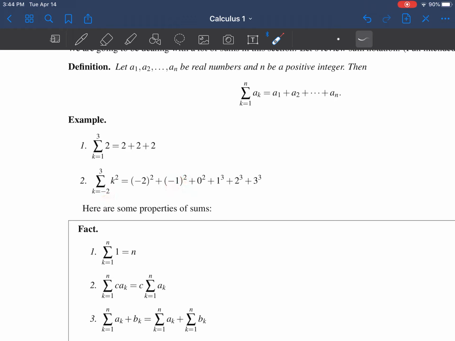So minus 1 squared, and then plus 0 squared, plus 1 squared, plus 2 squared, plus 3 squared. We stop at 3 precisely because this upper number is 3. Now you would add all of these numbers up, and that's what the sum would be.